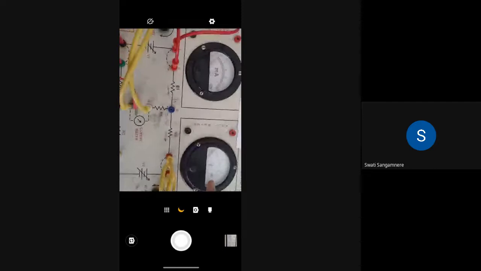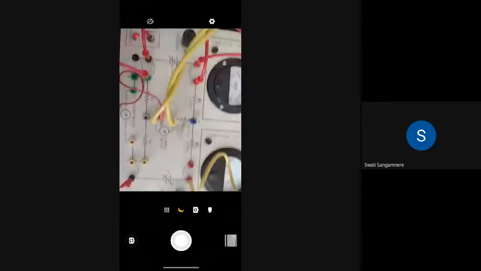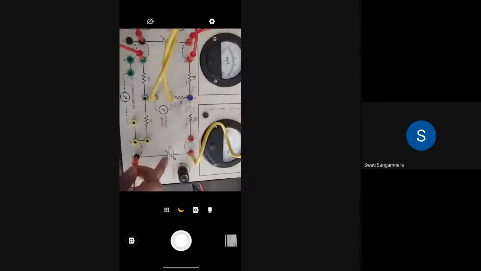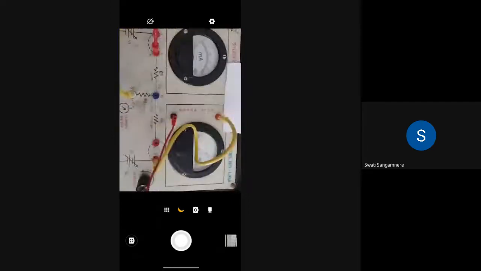Then we can adjust the second voltage source. The positive terminal of the second voltage source is connected to the positive terminal of the voltmeter, and the negative terminal of this voltage source is connected to the negative terminal of this voltmeter.